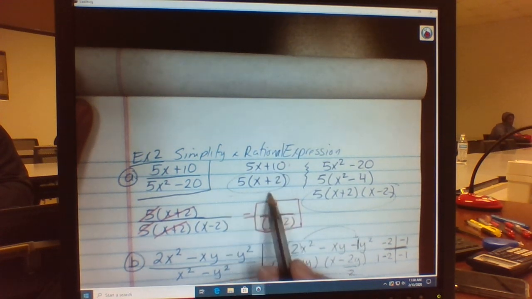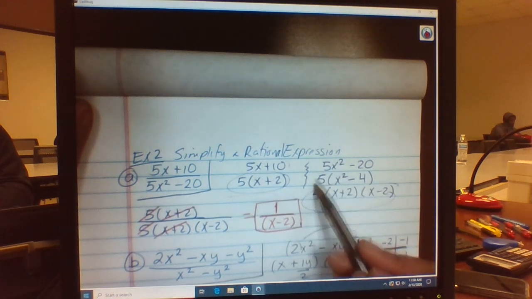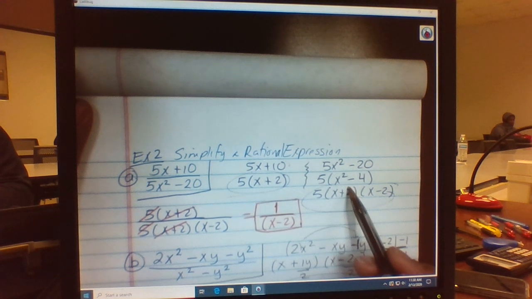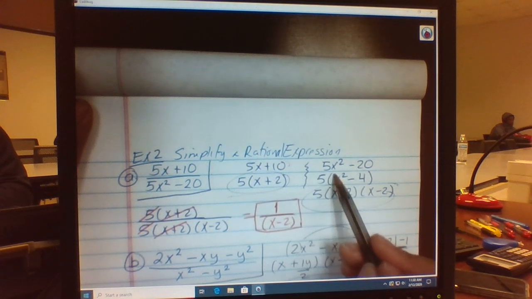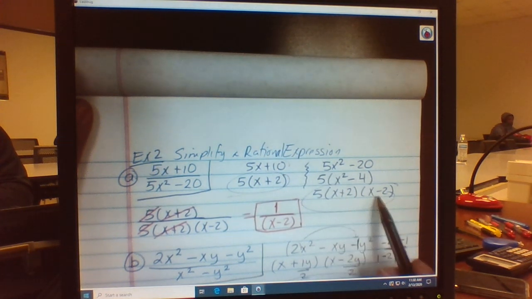So we're okay with this part. Then here, we factored out a 5, but I still end up with an expression that could be broken down because it's a difference of squares. It's a minus 4, I take the square root of it, there's a 1 here, you can take the square root of that. So this is why it becomes x plus 2, x minus 2.